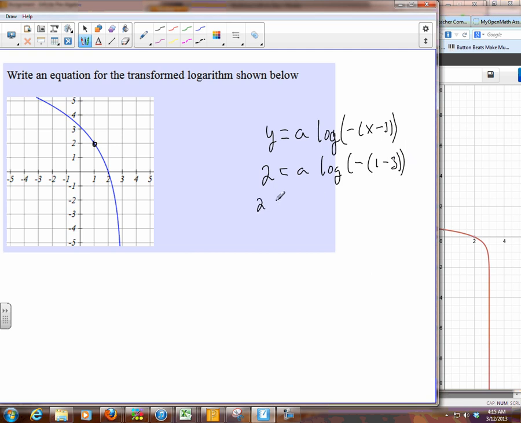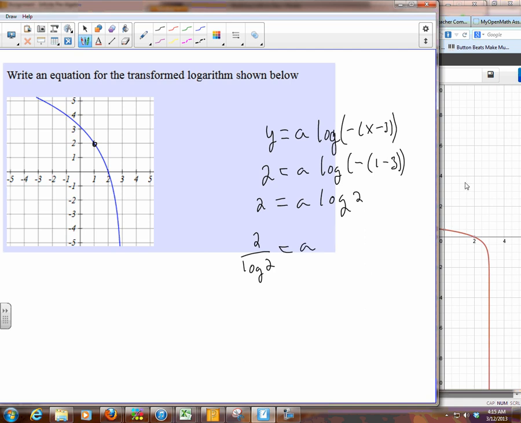Okay, so 2 equals a times the log of, well, let's see, 1 minus 3 is negative 2, and negative negative makes it positive, so the log of 2. So for this case, I think that stretch factor is 2 divided by the log of 2.